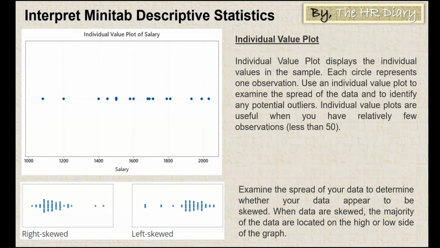Individual value plots are useful when you have relatively few observations of less than 50. Examine the spread of your data to determine whether your data appear to be skewed. When data are skewed, the majority of data are located on the high or low side of the graph.